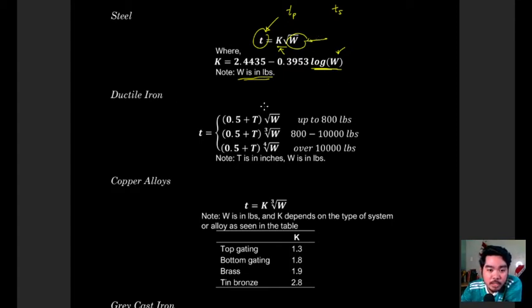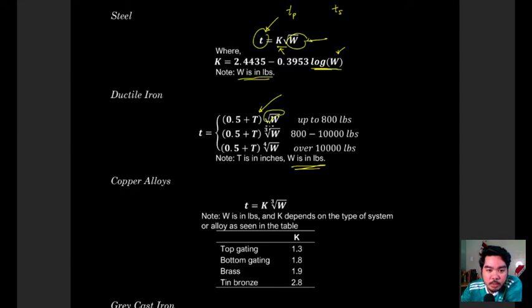For ductile iron, you need to input the apparent thickness of the casting. So the equation is 0.5 plus T times the square root of the weight of the casting, again in pounds, and it's a piecewise function. Depending on the weight, the form of this root changes.